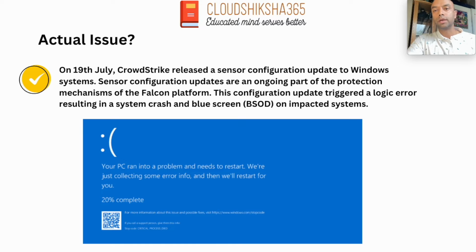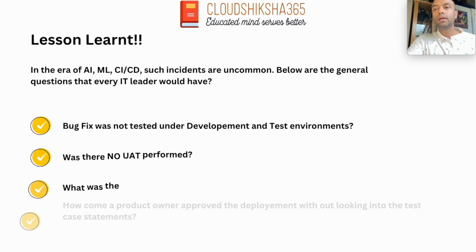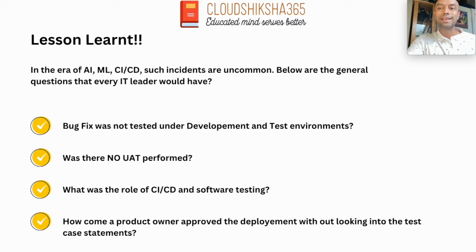The example is given here below. So this was actually the error. And then what is the lesson learned out of this severe and quite a huge outage that we have had this year? We can say that in the era of artificial intelligence, machine learning, continuous integration, continuous deployment, such incidents are uncommon. Why?